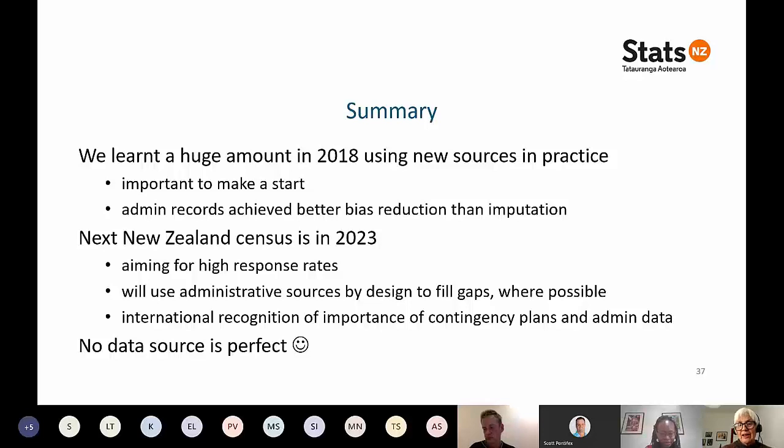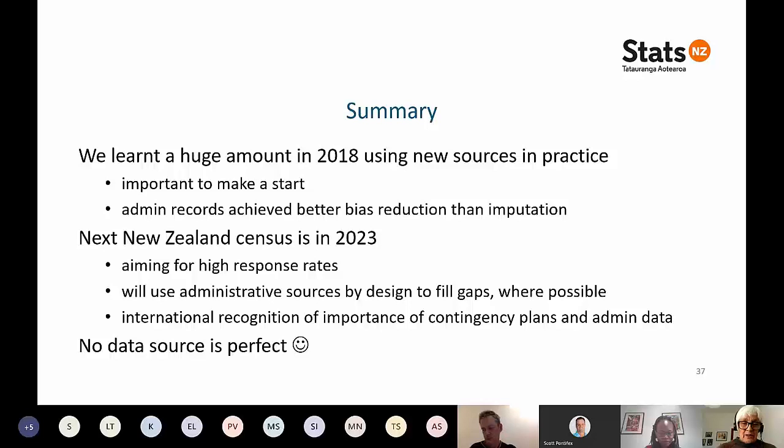A lack of engagement on our part, I think would be fair to say. So for the IDI itself, that's been around for a little while, and it's been used a lot for research, and we don't really get any criticism of the use of having the linked data there for research.